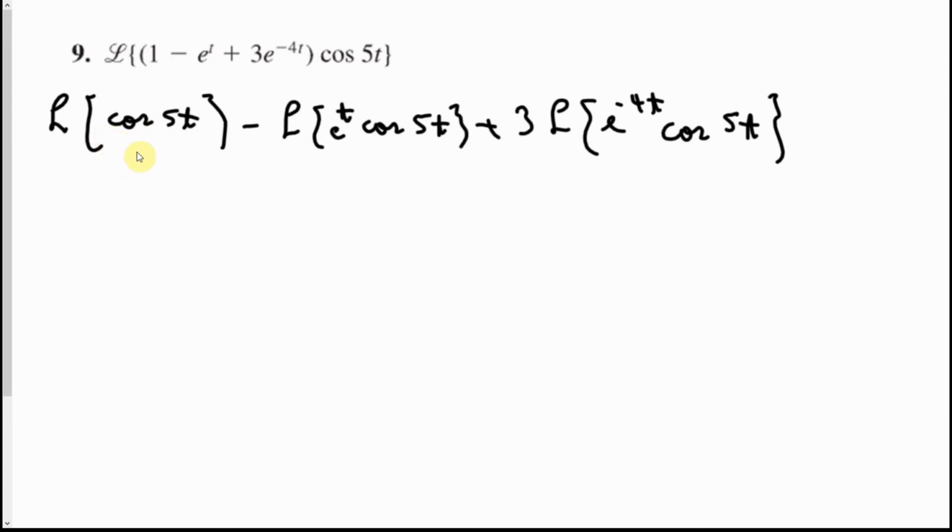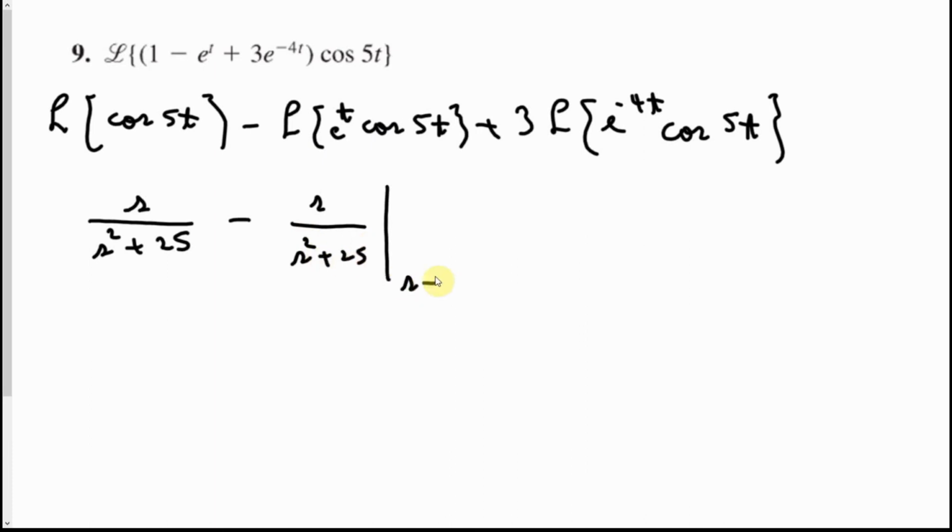So this is just the Laplace transform of cosine 5t. If it's cosine, then you know an s goes in the numerator. So this is s over s squared plus 25 minus the Laplace transform of cosine 5t, which is s over s squared plus 25, but there's a shift as s goes from s to s minus 1 because of this e to the t.